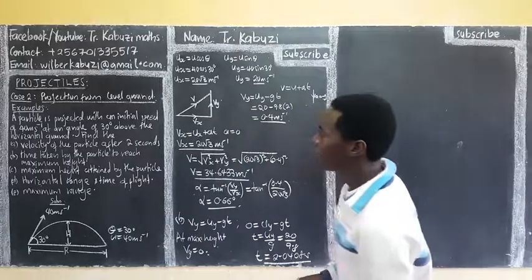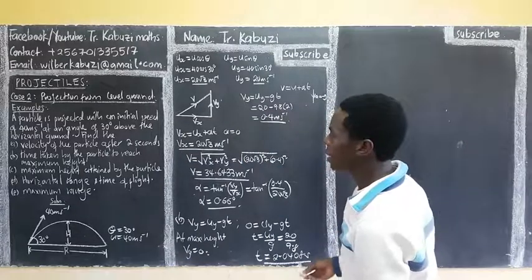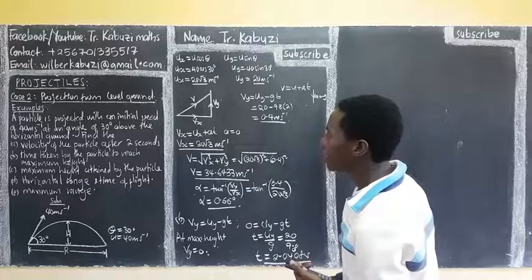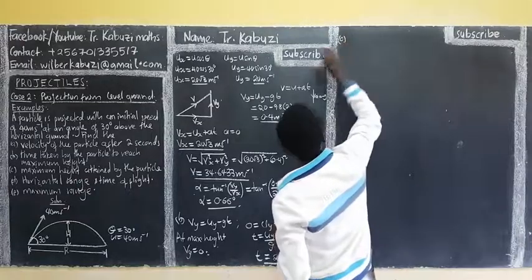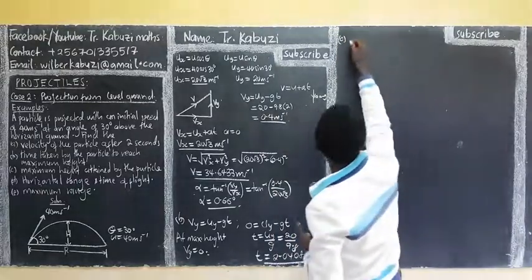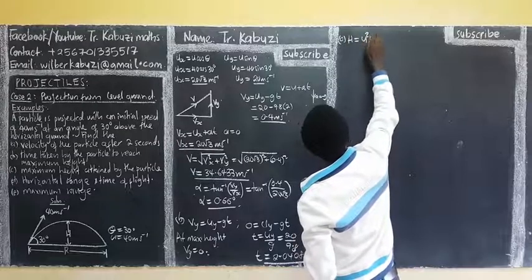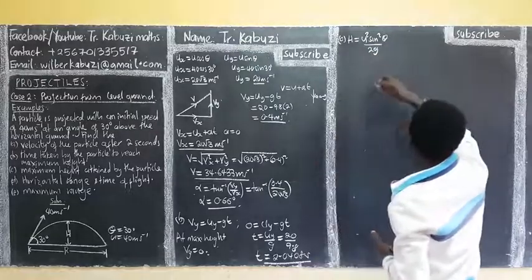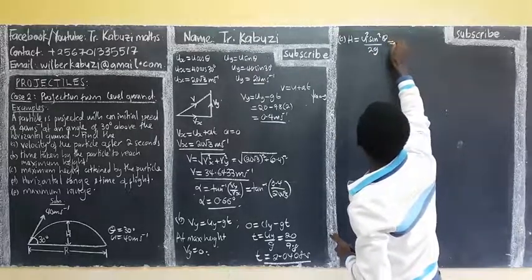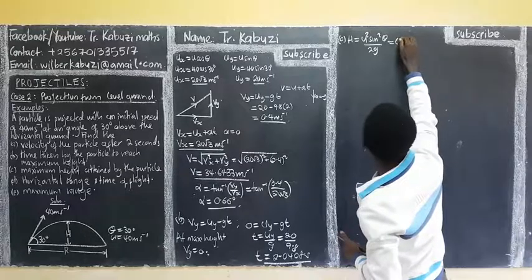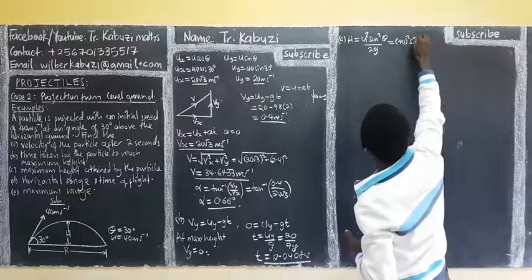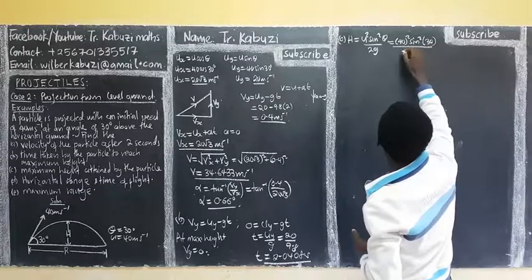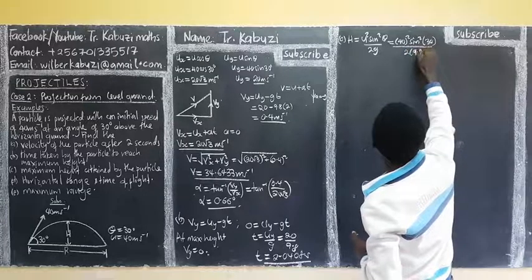When you come to part B, one has to get the time taken to reach the maximum height attained by the particle. So, part C, the maximum height. How do you get the maximum height? We say the maximum height is u squared sin squared theta, the whole over 2g. Remember that. Our u is 40, so it's 40 squared times sin squared 30, over 2 into 9.8.